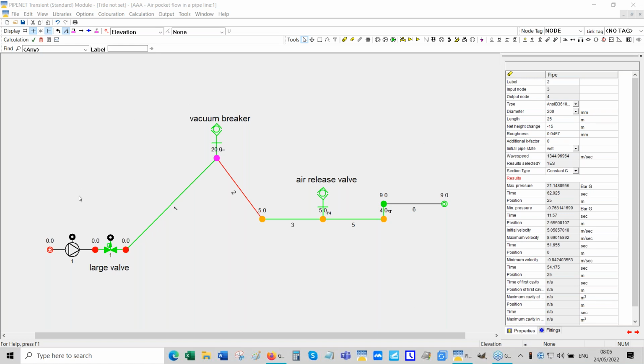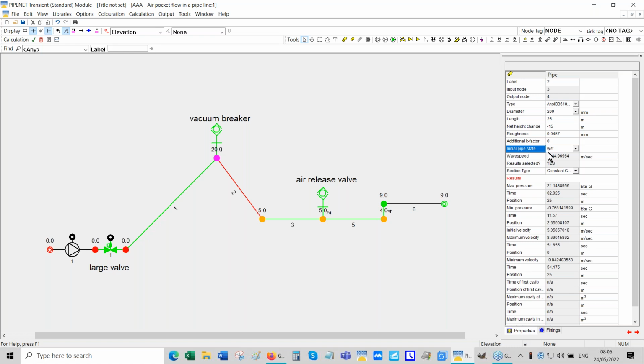Now, this is the kind of system I'm talking about. If you look at this pipe, the initial state is wet, but what will happen to this pipe is it'll become dry and then it'll become wet again. So the dry pipe model typically models pipes whose initial state is dry, but progressively the pipes get filled with water.